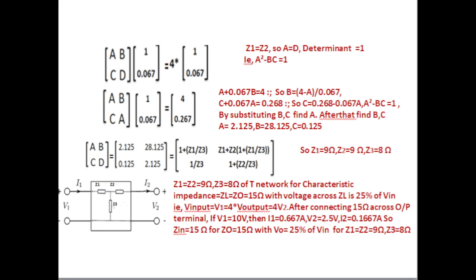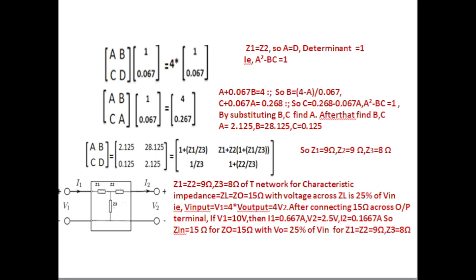Here Z1 equal to Z2, so A equal to D. The determinant of this ABCD matrix equal to 1, that is A squared minus BC equal to 1. The matrix can be written in equation form: A plus 0.067B equal to 4.